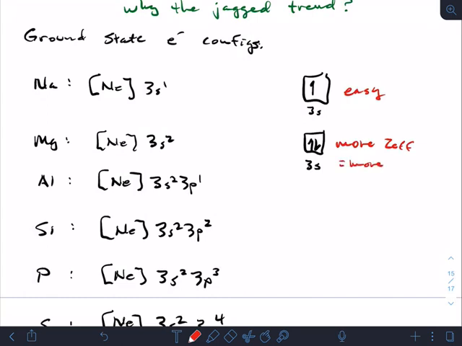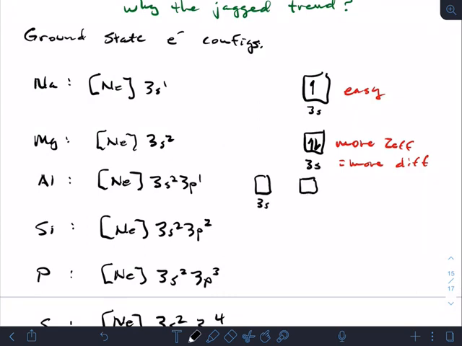That's pretty stable. Also, there's more Z effective. Slightly more difficult.